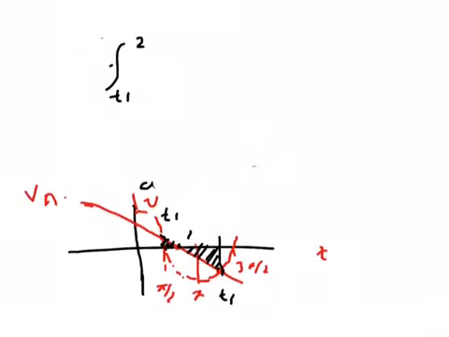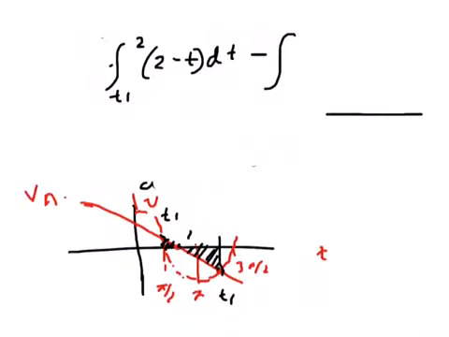So basically from 0 to t1 to 2, we do the integral of 2 minus t dt, and for this one, since it will be negative, we can just handle that, because we want the distance traveled, and it doesn't matter which direction it goes. Initially it goes like that, from t1 to 2 it goes like that, and then from 2 to t2 it goes this way.